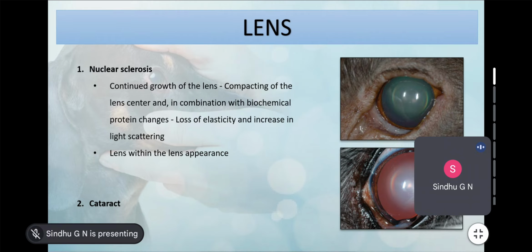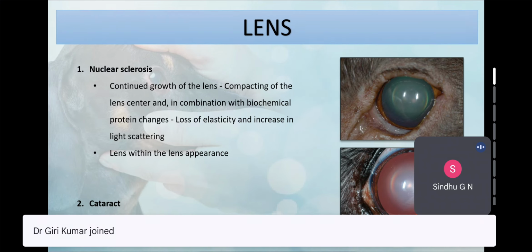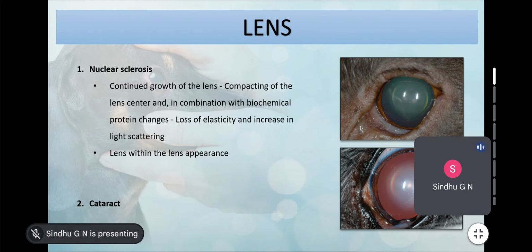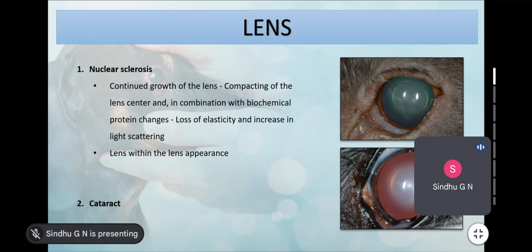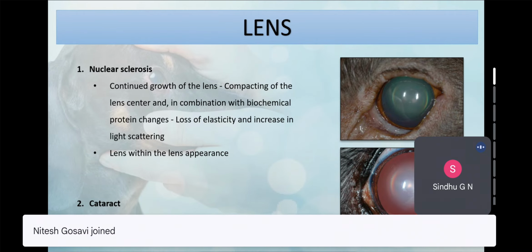So they look more opaque because of the densely packed cells in the center. But that is not going to affect vision, and it gives a lens-within-a-lens appearance. If you use an ophthalmoscope or a bright light, you can see the fundic reflection. But in cataract, you won't be able to see the fundic reflection. That is the difference. So it will give a typical appearance like this in this picture, nuclear sclerosis.